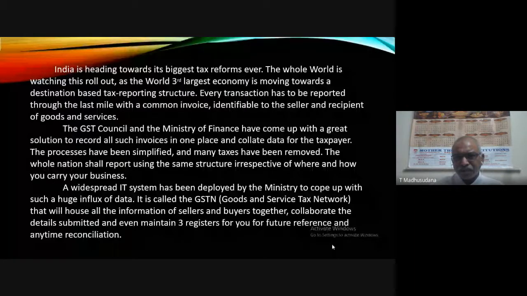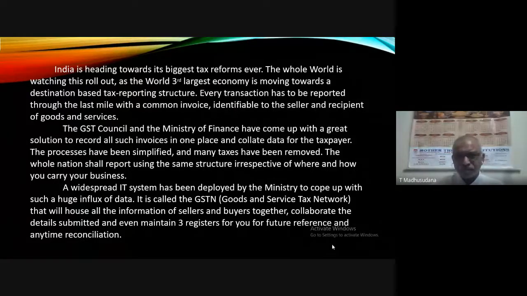Every transaction has to be reported through the last mile with a common invoice identifiable to the seller and recipient of goods and services.